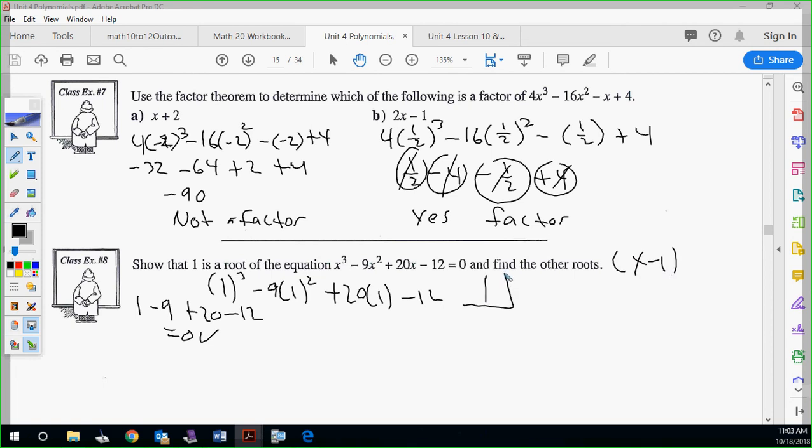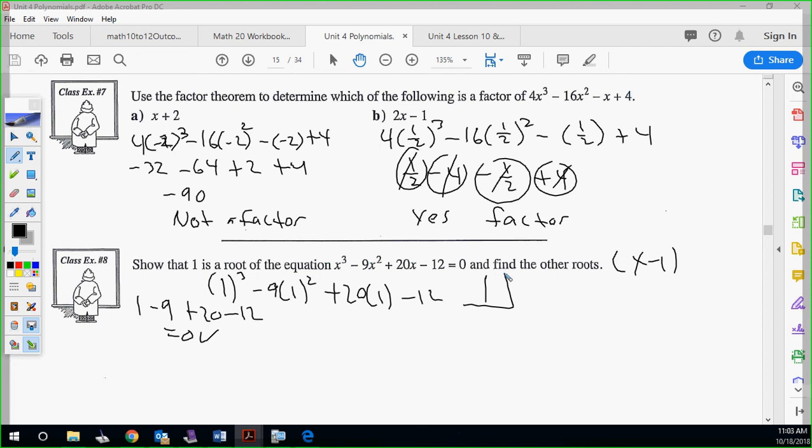Remember, that is the root. The other roots are the other x-intercepts, so there's more than 1, but good thinking, Aiden. If it does show that 1 is a root, instead of putting x minus 1, that's already the root. You don't have to change it. They're giving you the actual value.